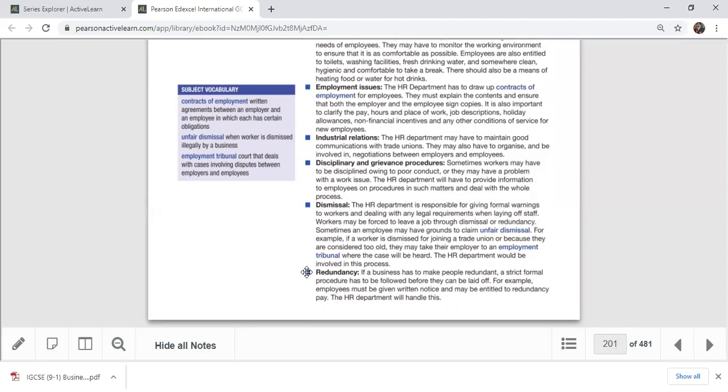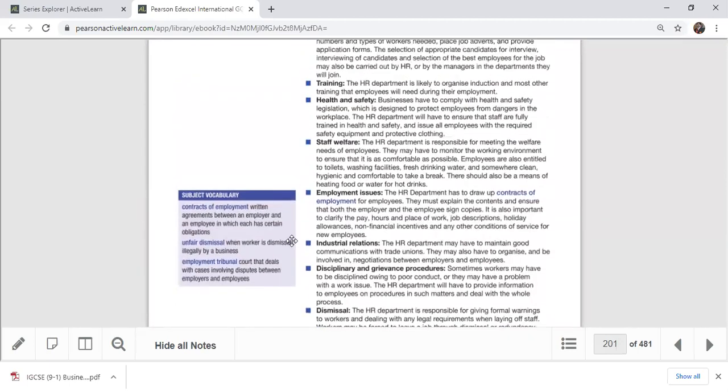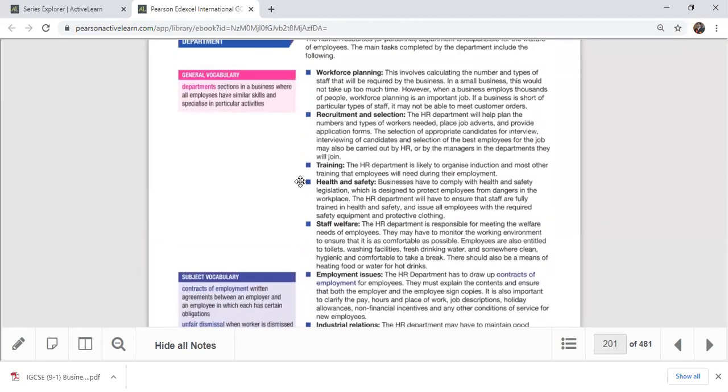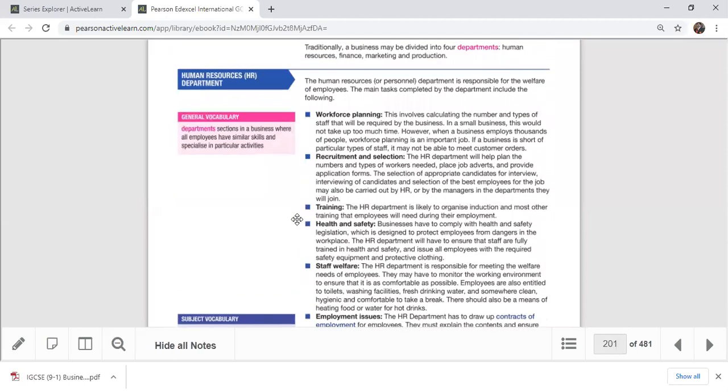Workers have their own lives, loans and commitments, so the organization has to pay them some compensation, which we call redundancy payment. These things we'll discuss in another session, one by one, with examples.